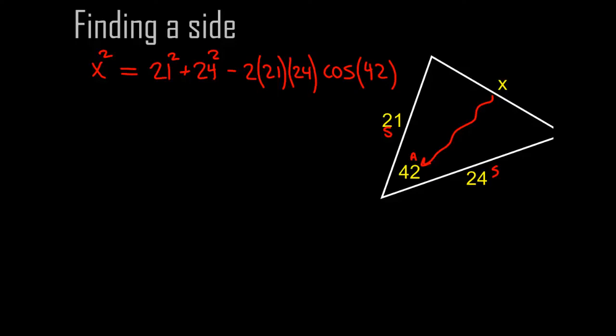Now at this point, we are pretty much all set to go if you have a decent calculator. If we take the square root of both sides of this equation, we will have solved for our x.